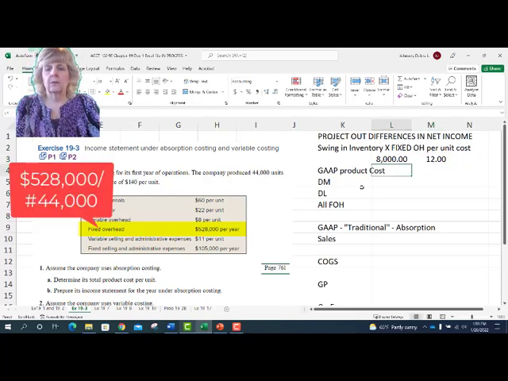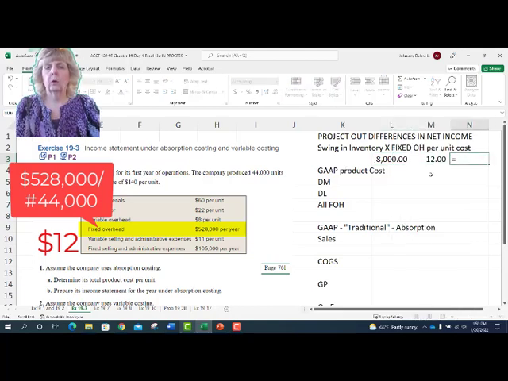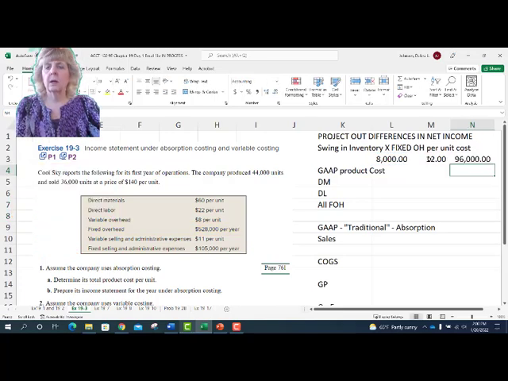So when I do that division, I come up with $12 per unit. So I'm going to project out right now that my net incomes will be different to the tune of 96,000.